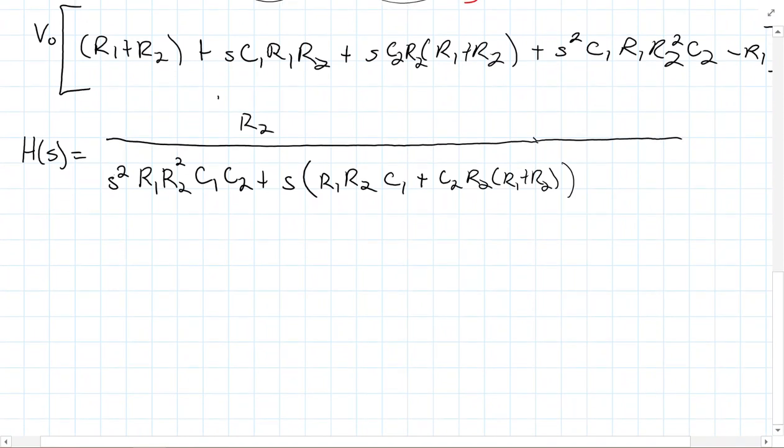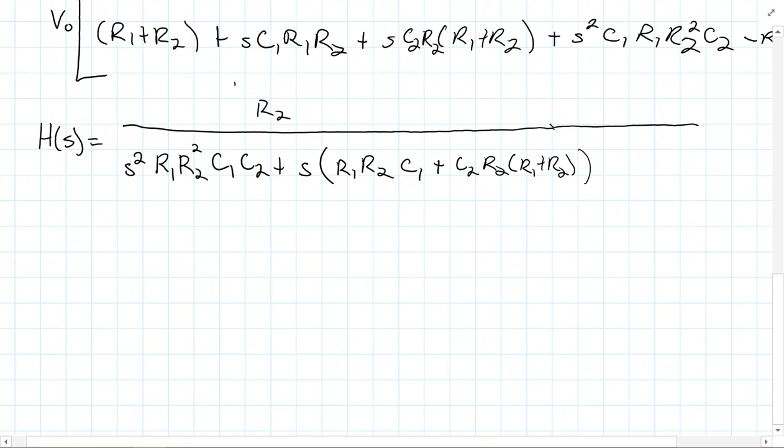Then I have a plus R1 and a minus R1, so those are going to cancel, so I'm going to be left with plus R2. Okay, so that is my transfer function, but I want a 1 in front of this here, so I am going to multiply this by 1 over R1 R2 squared C1 C2.